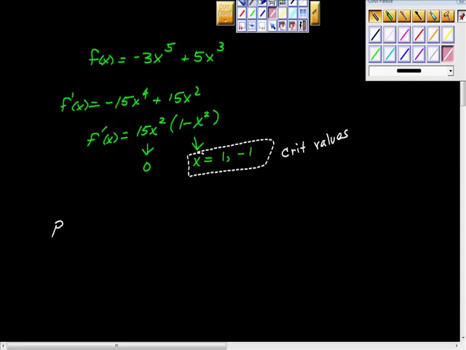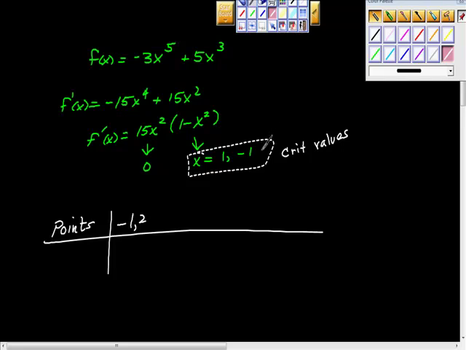We're going to say, well, what are the points here? Well, we have the point negative 1, negative 2. If we go back to the other page, we get f of negative 1, and when we put negative 1 into the original function, we get negative 2 back, right?